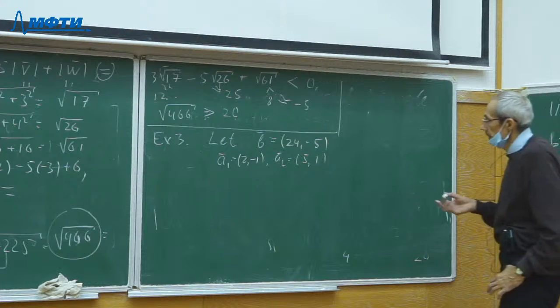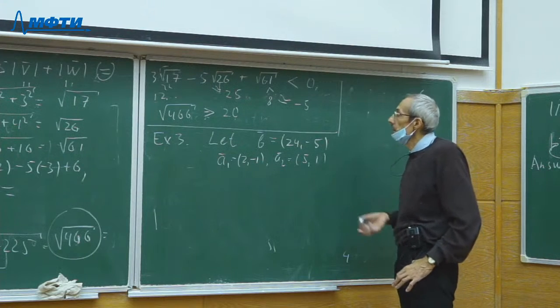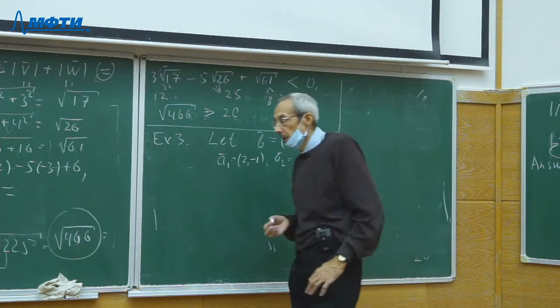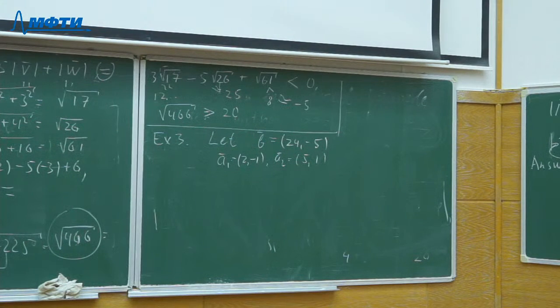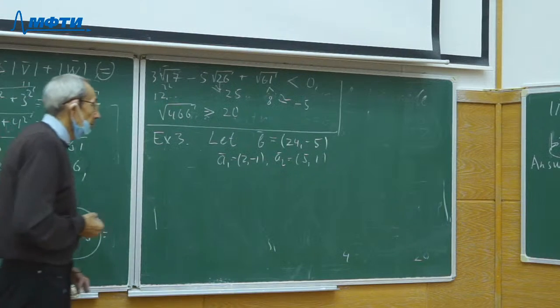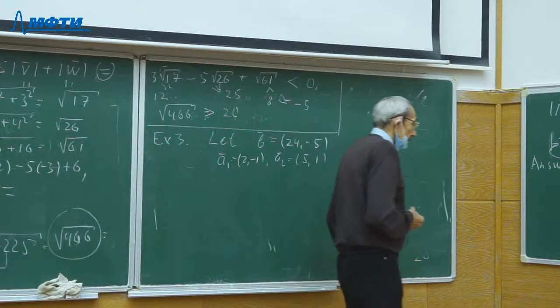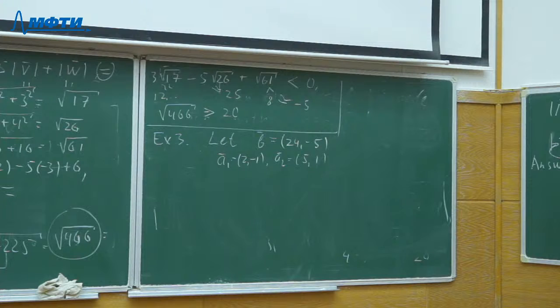So these vectors are non-parallel, and they form a basis in the two-dimensional arithmetical vector space.